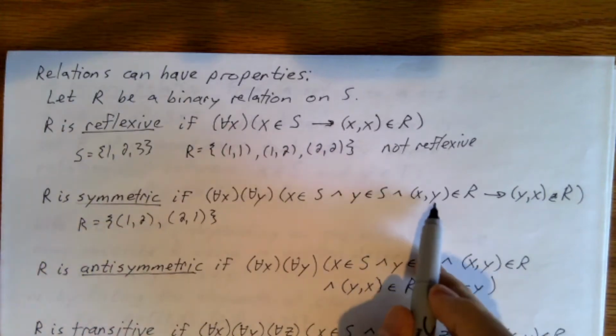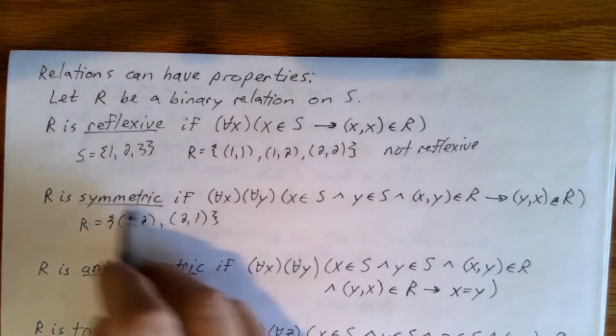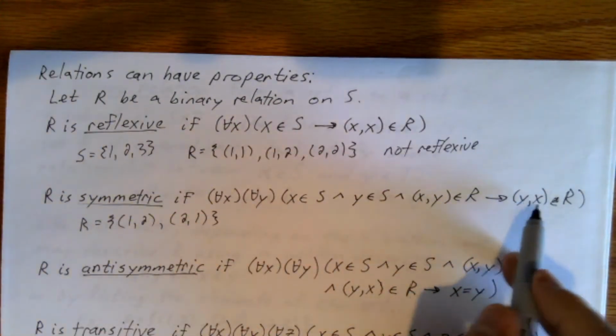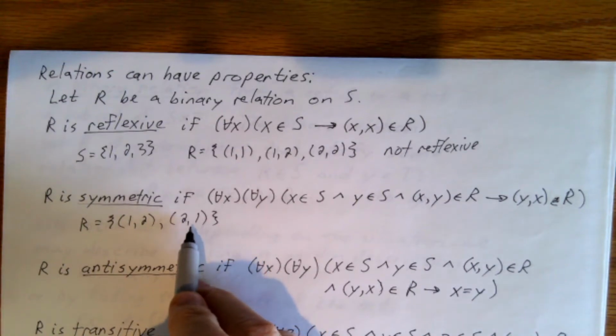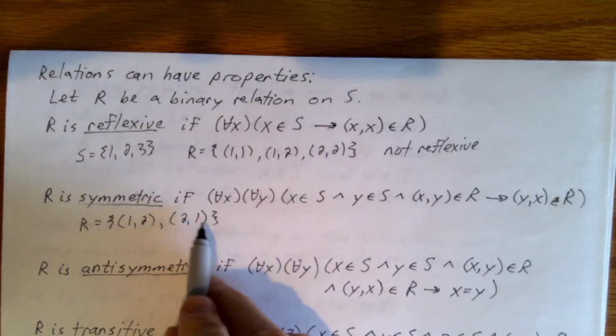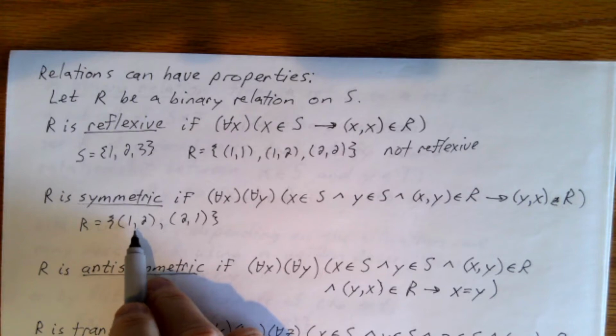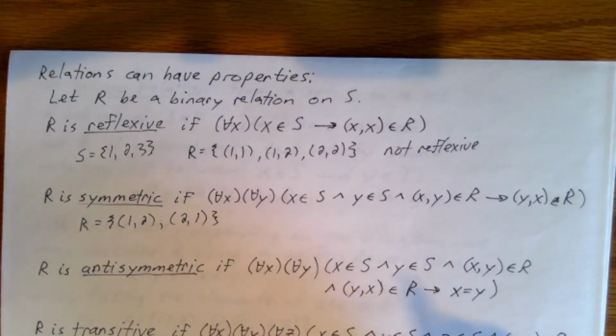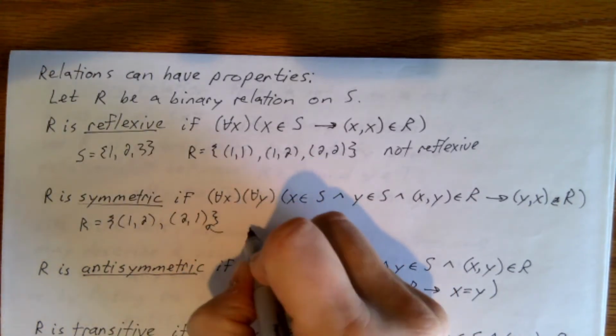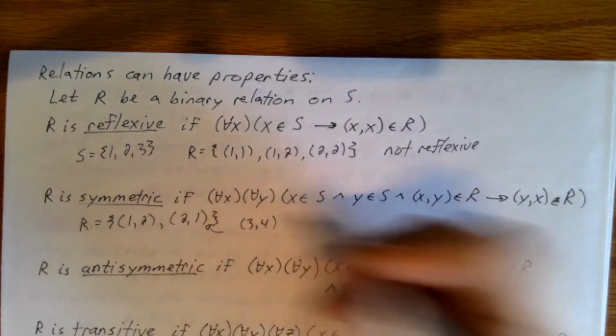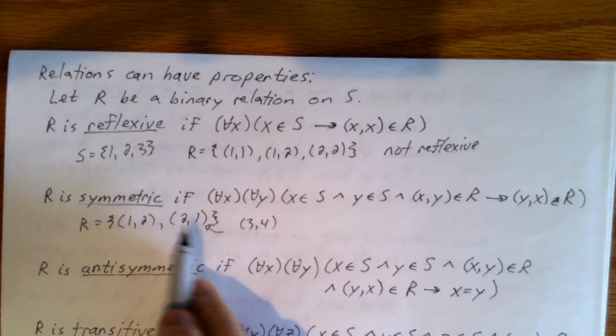Well, we have (1,2). So in order for this to be symmetric, we have to also have (2,1). Well, we have that. And likewise, if we have (2,1), we have to also have (1,2). So this would be symmetric. If we also had in here, say, (3,4), well, since there's no (4,3), that would be not symmetric.